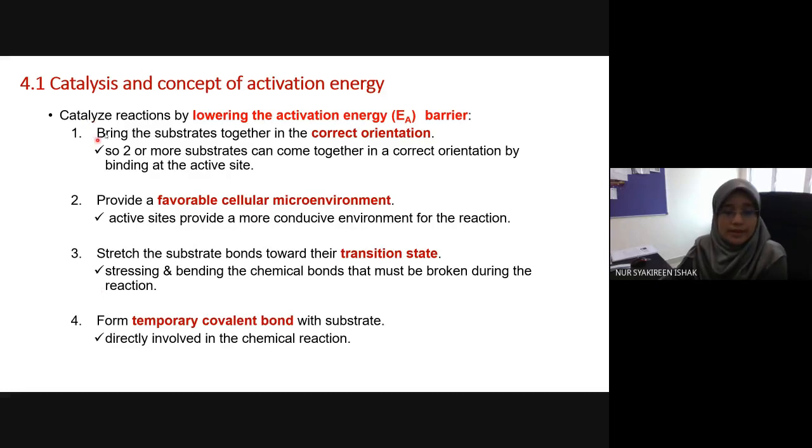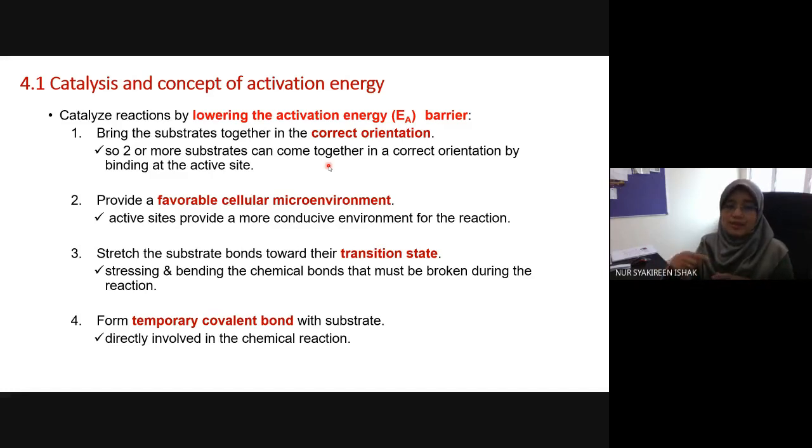So how does the enzyme lower the activation energy barrier? The first one is that the enzyme will bring the substrates together into the correct orientation. So it means that the enzyme can have one or two or more substrates that bind to the active site. By having the active site, the substrates can come together in the correct orientation or position.